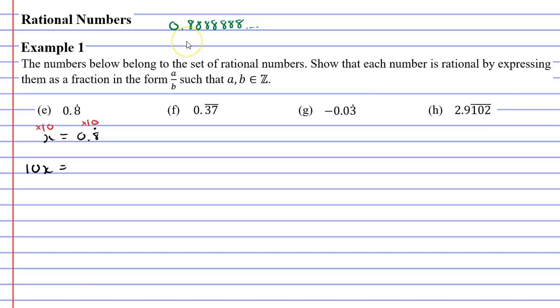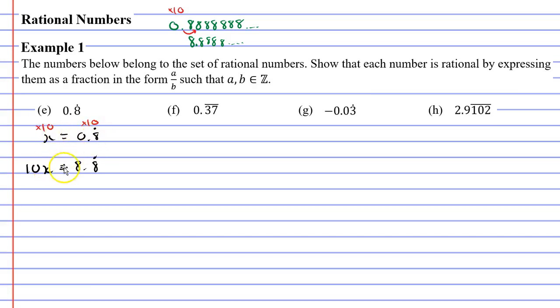When I multiply something by 10, it moves the decimal point one place to the right. What's that going to give me? Well, it's going to give me 8.888 repeating. So down here, I'm going to write 8.8 repeater.